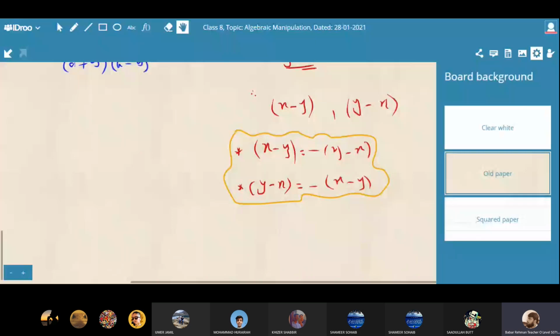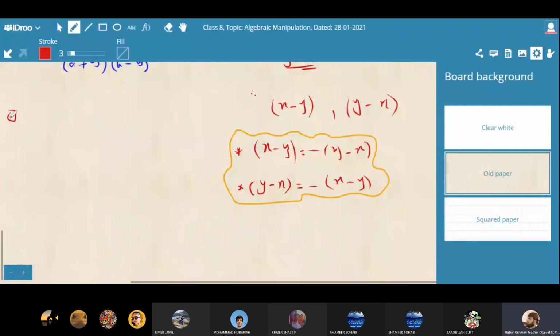Now the question number 3. In question number 3, it is written b minus a and a minus b. So we will apply this identity. Let me do a question from the book so that you can have confidence.